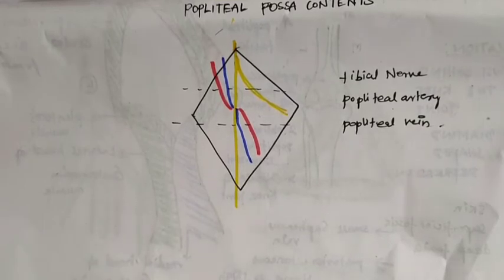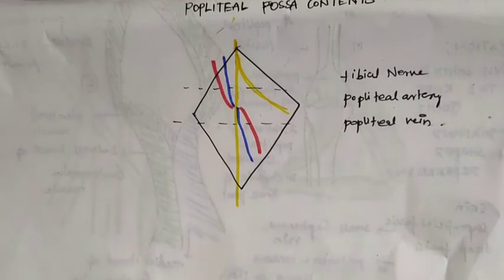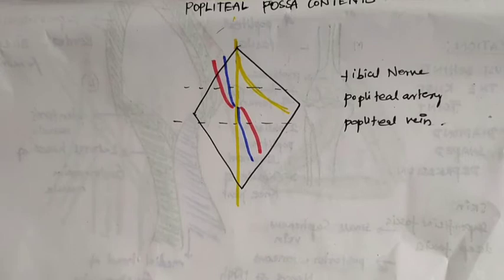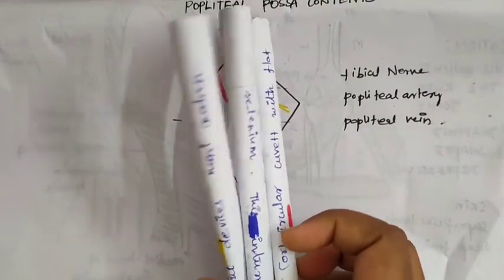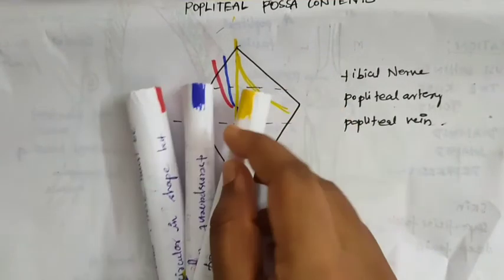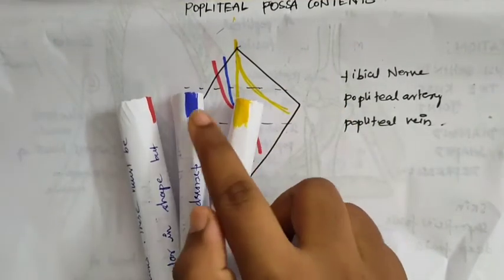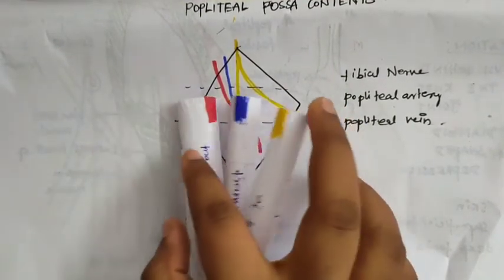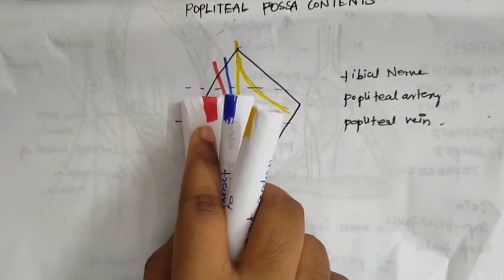I made one model for understanding the arrangement of the popliteal fossa contents. This is that. I marked the nerve in yellow color, the vein in blue color and the artery in red color.